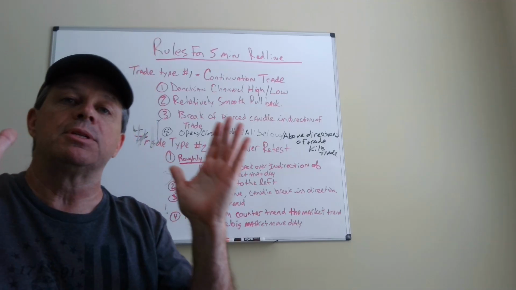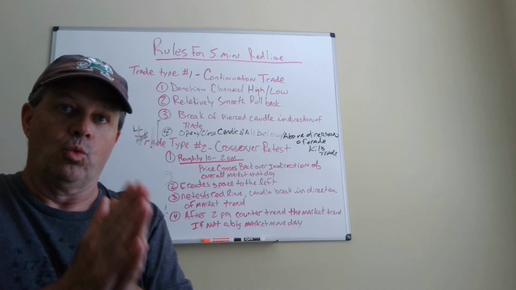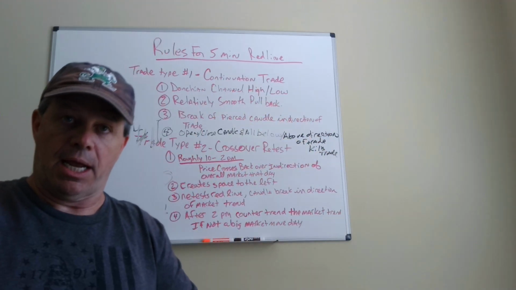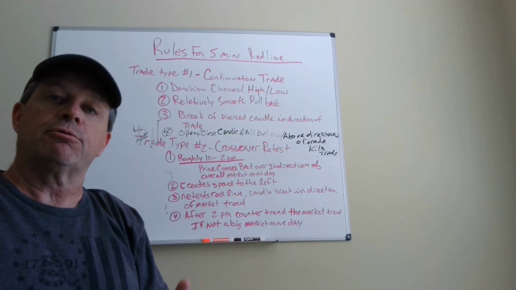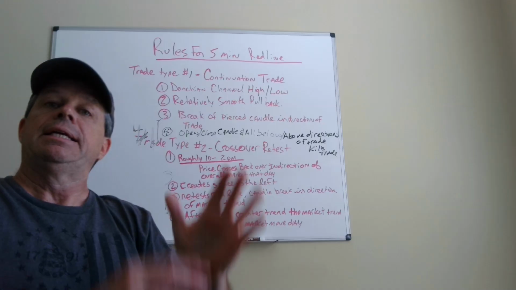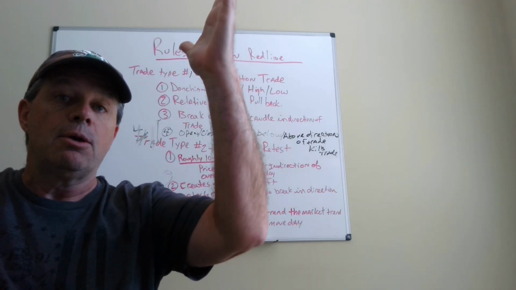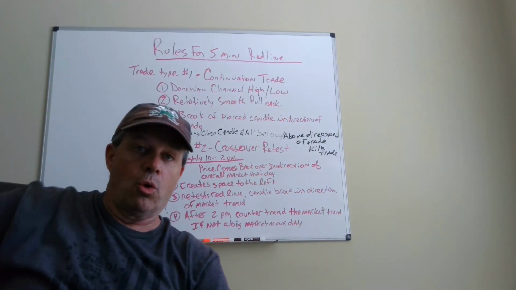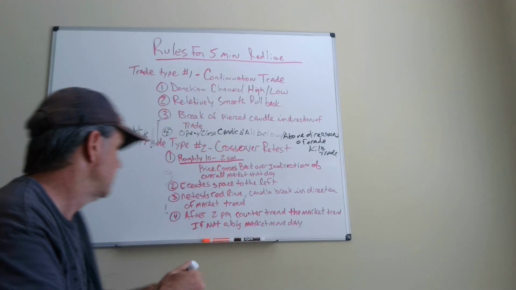And what happens so often when we have an up day or a down day, and price runs itself back through that red line in the direction of the existing market trend, long or short, is it will create space.